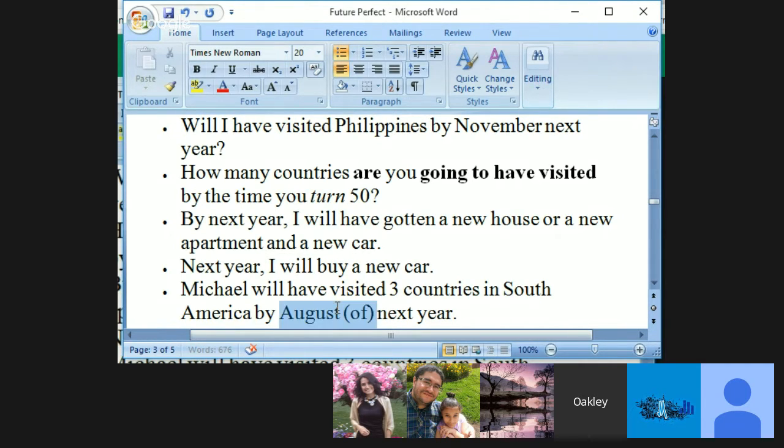I threw in this "of" in parentheses. It's one of those things that's not really necessary but is common, especially in spoken English, just to clarify, I guess. You're perfectly fine saying "by August next year."